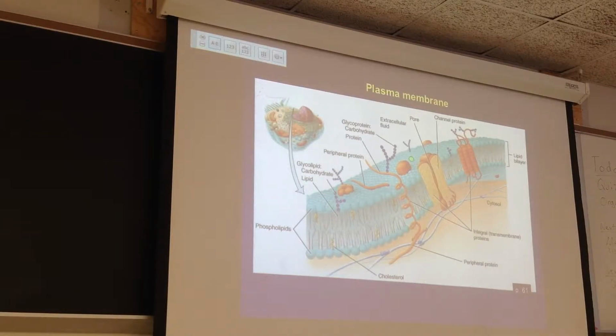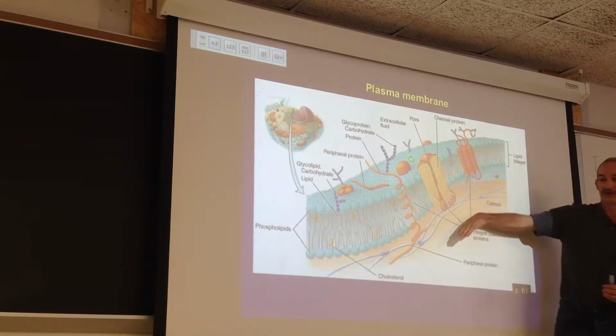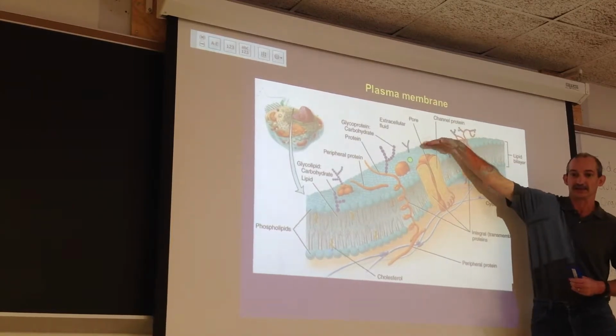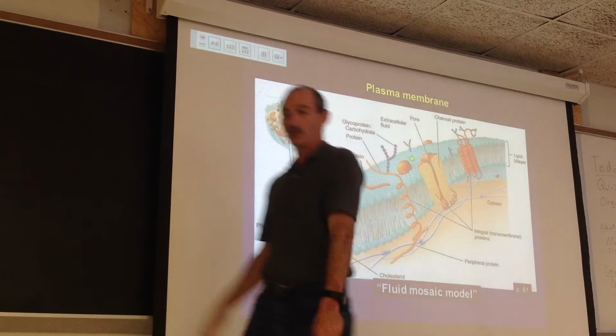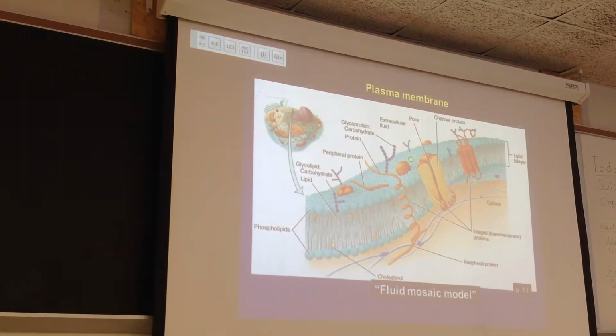They are not fixed in position. They are not in only one place. They actually move around. The proteins can move around. They may move from the inside to the outside, from the outside to the inside. This concept we call the fluid mosaic model.